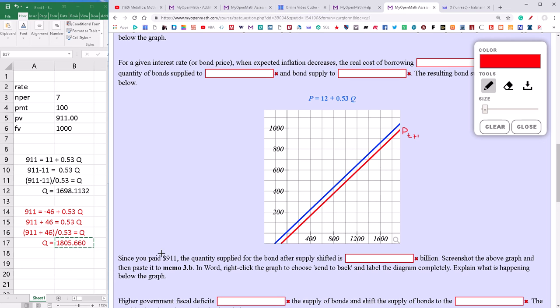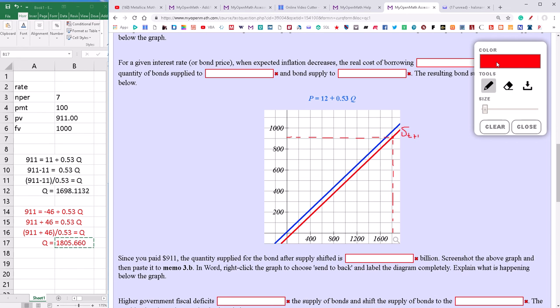And again, we're holding the price constant at 911. Whoops, this should be supply. The supply curve of next year, today plus 1 year, right?